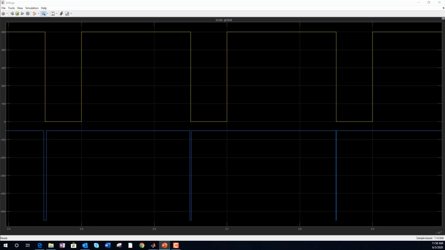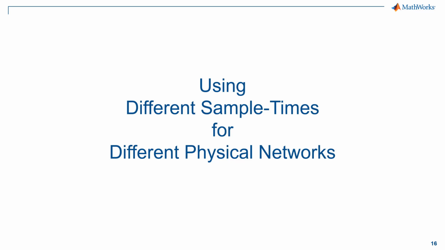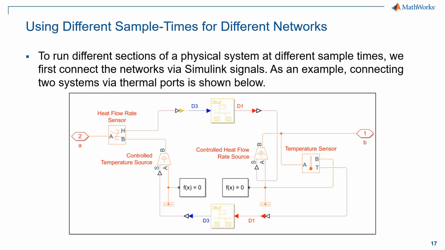such as Speedgoat. In this section, we will explore how to configure a model to use different sample times for different physical network segments. The premise is this. When we are constructing a physical system model that incorporates different physical domains, we recognize that a single sample time across the entire network may not be optimal for efficient execution.